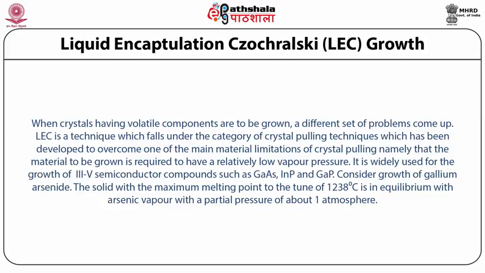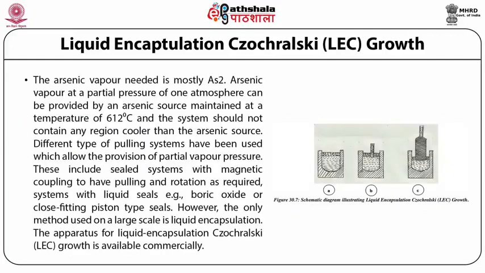phosphide, and gallium phosphide. Consider growth of gallium arsenide, the solid with the maximum melting point to the tune of 1238 degrees centigrade is in equilibrium with arsenic vapor with a partial pressure of about 1 atmosphere. The arsenic vapor needed is mostly As2.